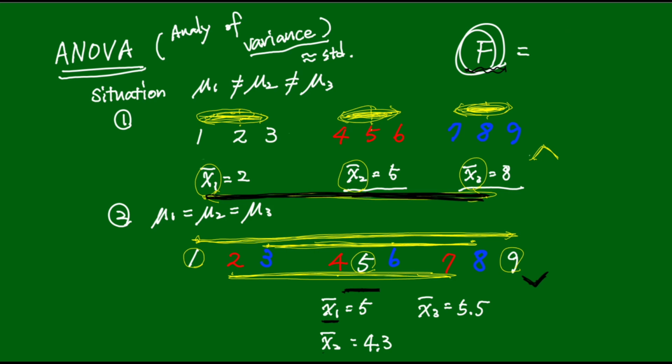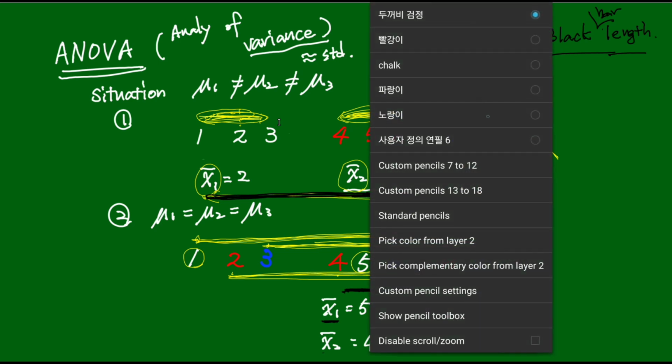So in the numerator, let me check. Yep. The numerator is related to the black bar, the black bar variation, or length, and the yellow bar goes to the denominator.